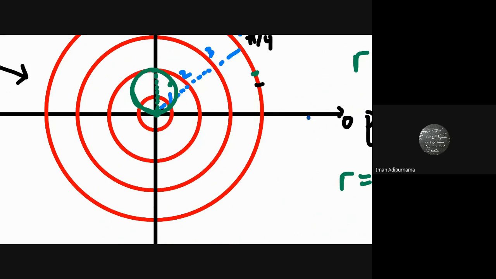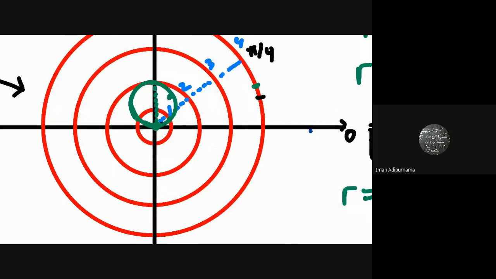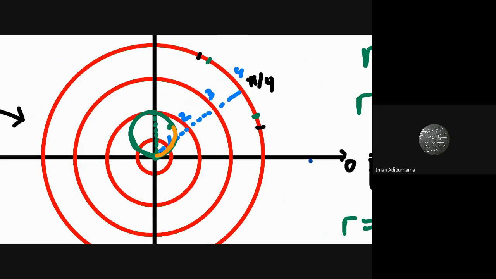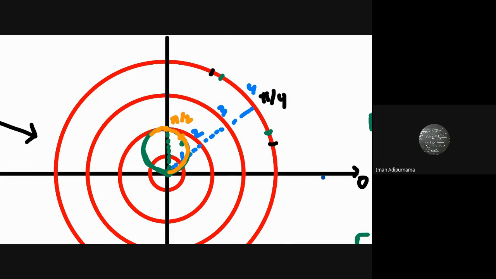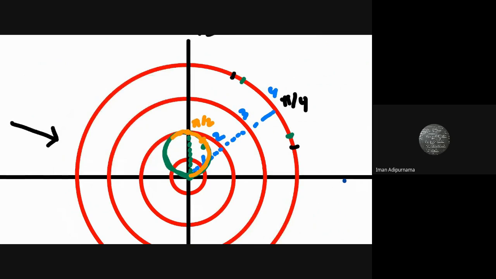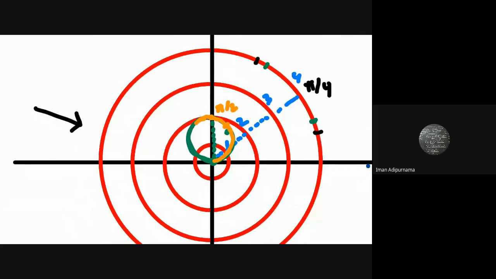As we move from 0, okay, let me change color. As we move from 0, we move to here, increasing our angle. And this is at pi over 3, and then pi over 2 here. And then increasing another one, we have another circle until pi.